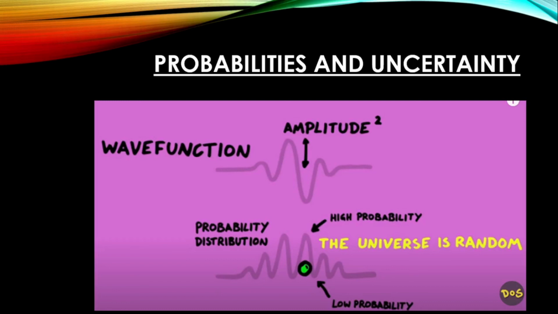The higher the wave amplitude is, the higher the probability, while the lower the wave distribution is, the lower the probability that the particle exists at that certain point of the wave. So then the universe is random.